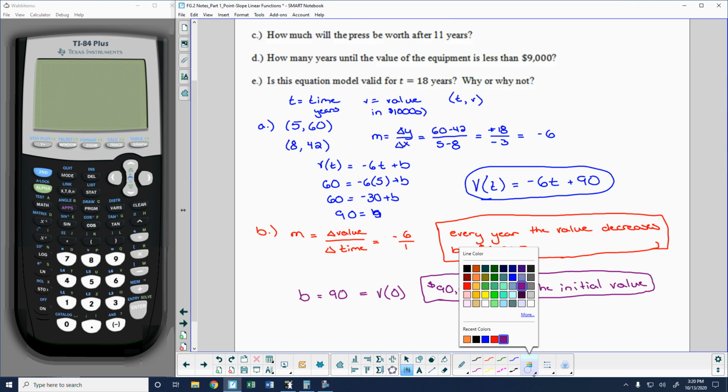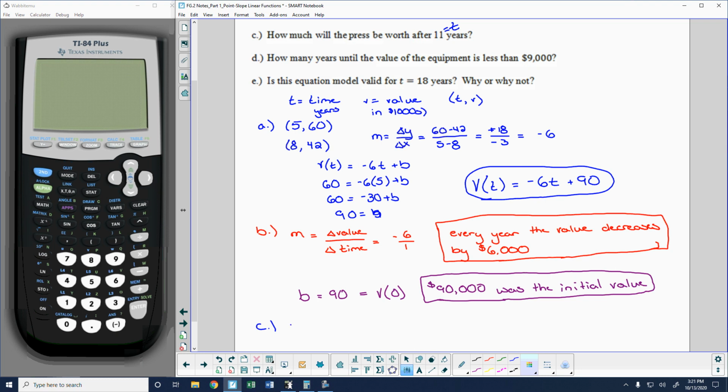In C, it says, how much will the press be worth after 11 years? So 11 years, remember, years is time. So what I know here is that t is 11. So basically, I want to find v of 11. So I'm going to take negative 6 and substitute in 11 for t, plus 90.